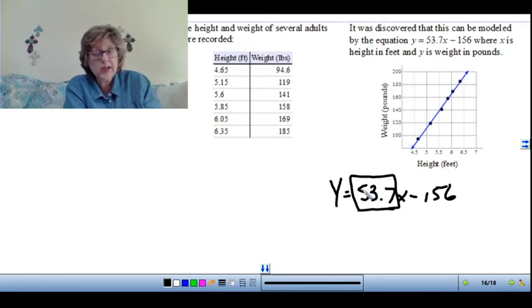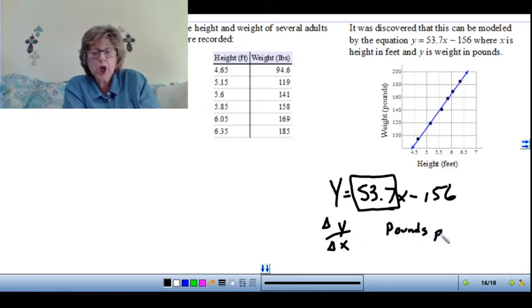And what does a rate of change mean? It means I'm changing my y's. It's the change in y's over the change in x's, but in real life. Well, what are my y's? In this case, it's weight, which is pounds. That line there is per. And then what is my change in x's?